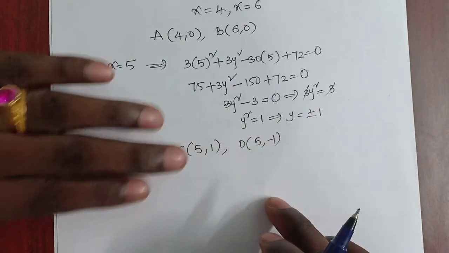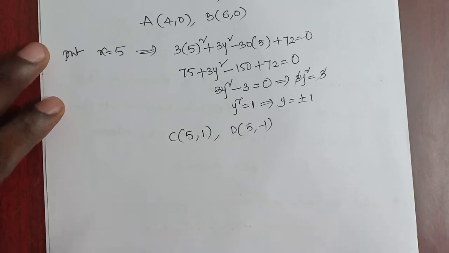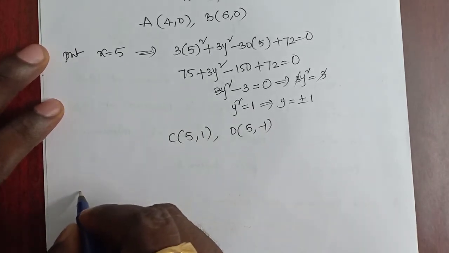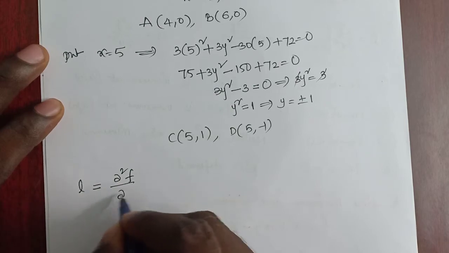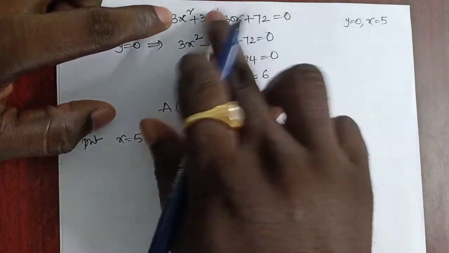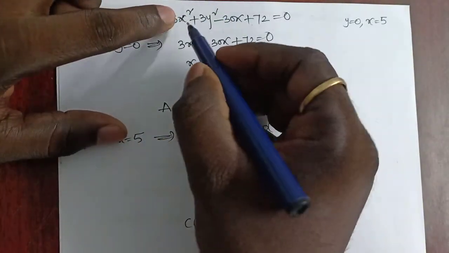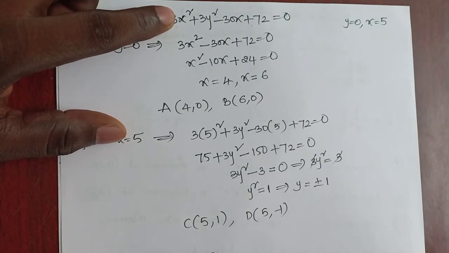So after getting these points, we have to find L, M and N. So clearly, what is L? Which is dou square f by dou x square. So clearly here we have dou f by dou x, so we need to differentiate with respect to x again. So 3x square, 3 into x square, it is 2x, simply it is 6x.